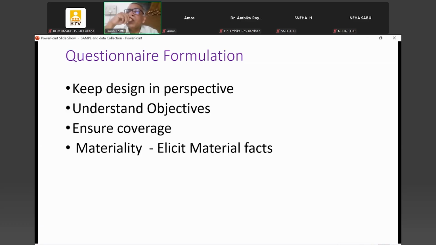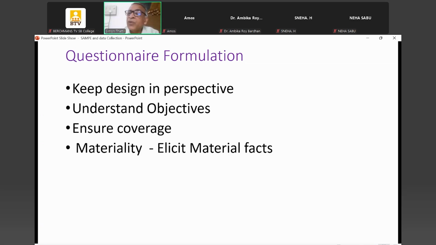And in that organization, maybe because of my sample frame, I'm selecting only those who have got a minimum service of 5 years, and I know the maximum is this. Then again, if I ask the question, how many years of service you have, it is an unnecessary question, because the time of the respondent is precious. You have to keep in mind the number of questions that we can actually put across in this particular case. So materiality is very, very important.